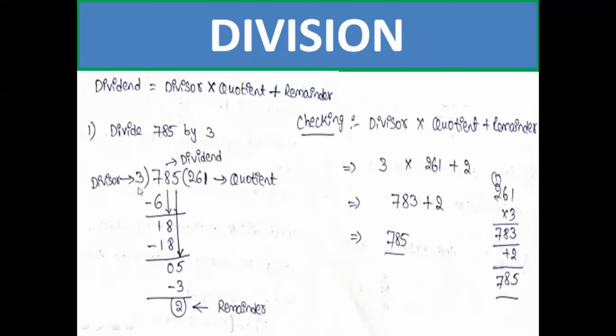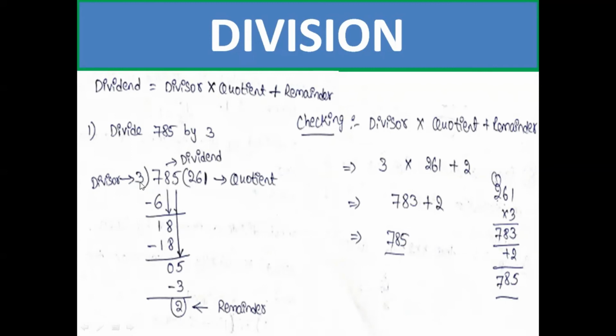See here. 3 is the divisor. Okay. 785 is the dividend. 3 twos are 6. 7 minus 6 is how much? 1. 8 write down.